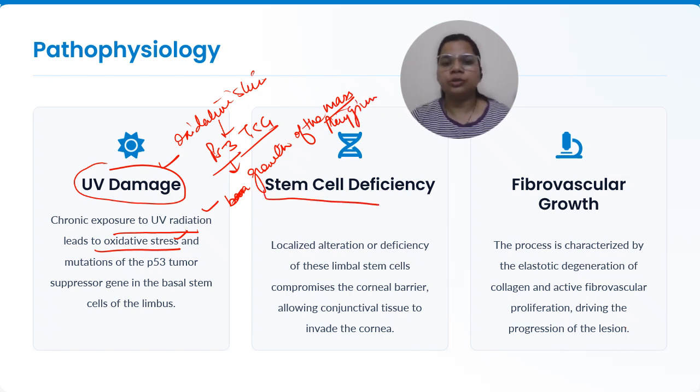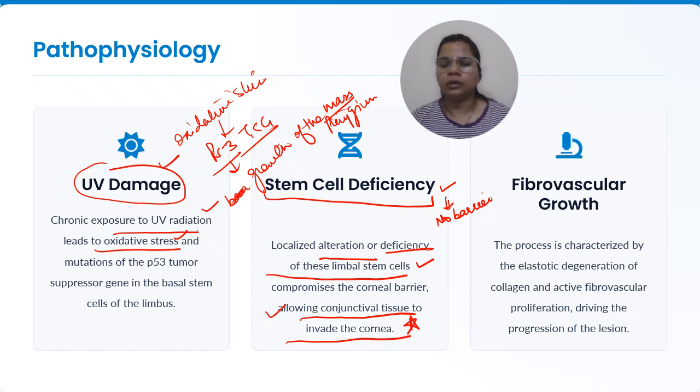It also leads to stem cell deficiency, that is, some localized alteration or deficiency of the limbal stem cells. What does it lead to? There is no barrier, and if there is no barrier, it allows the conjunctival tissue to invade the cornea. Next, there is a fibrovascular growth.